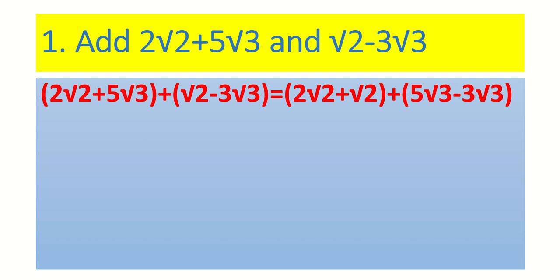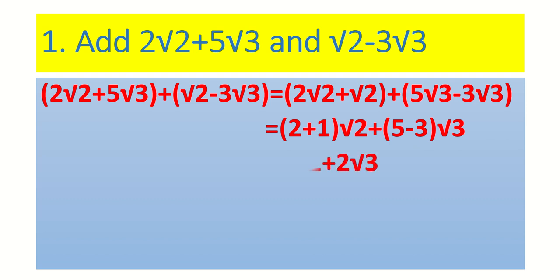In the same way, 5 root 3 minus 3 root 3 we keep together. Here in 2 root 2 plus root 2, root 2 is common, so keep it outside: 2 plus 1 into root 2. In the same way, root 3 is common in the next term, so 5 minus 3 into root 3. So 3 root 2 plus 2 root 3 is the answer.